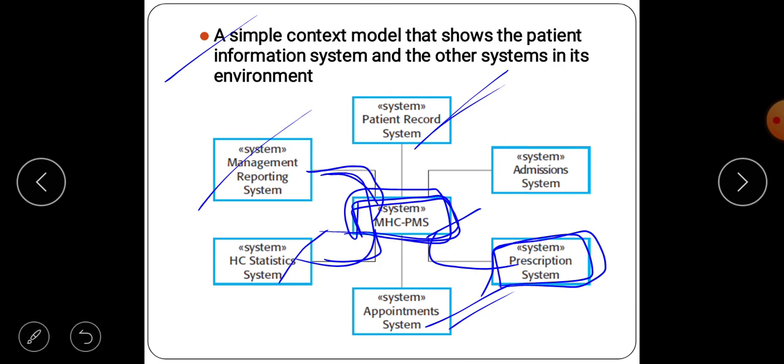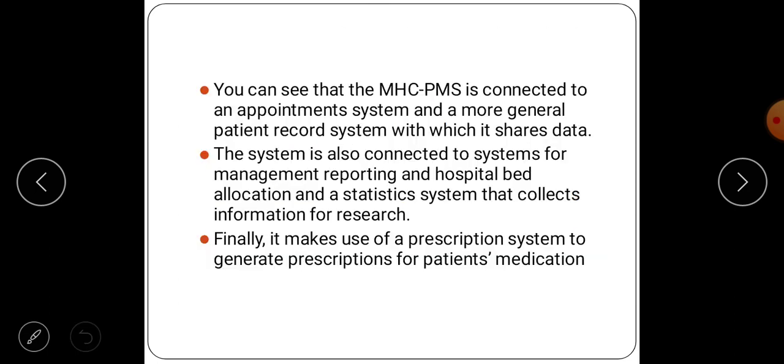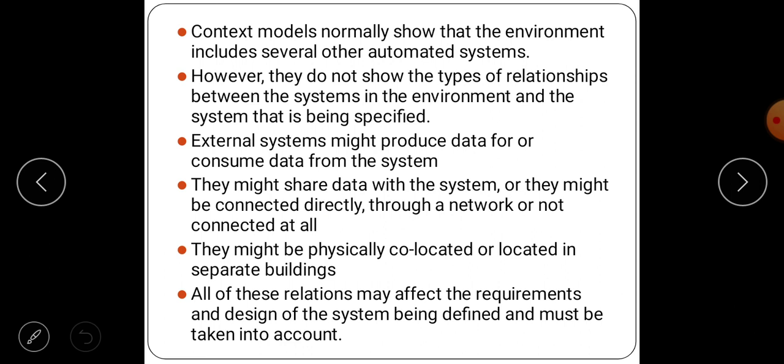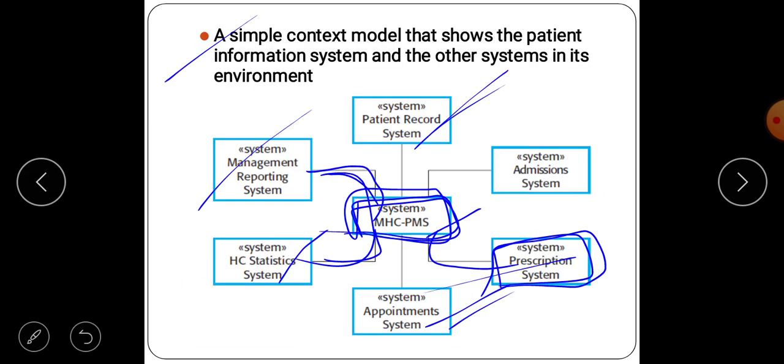Context models normally show that the environment includes several other automated systems. We can see that one system is connected to other systems in the environment. These are the external systems.